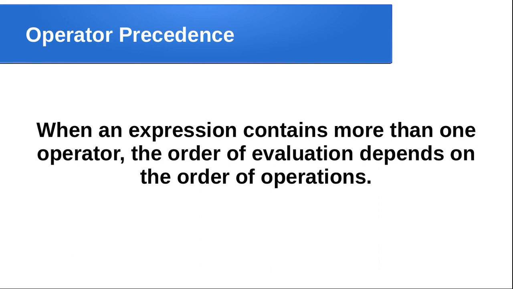This is a very important thing in almost all programming languages. When we talk about an expression, it may contain more than one operation, more than one operator. How are these operators evaluated? What is the order we should follow to evaluate that expression? Operator precedence: when an expression contains more than one operator, the order of evaluation depends on the order of operations.